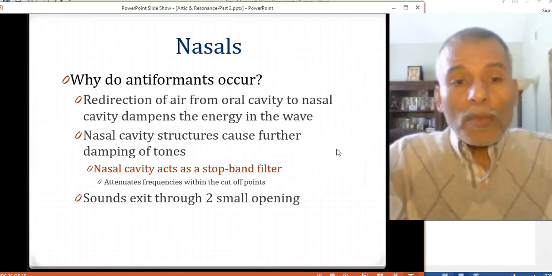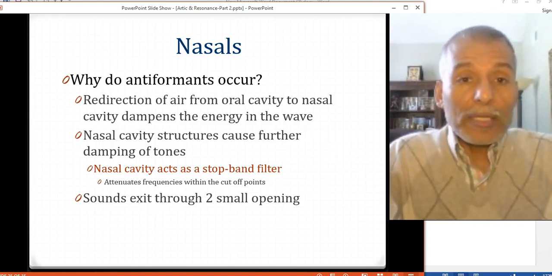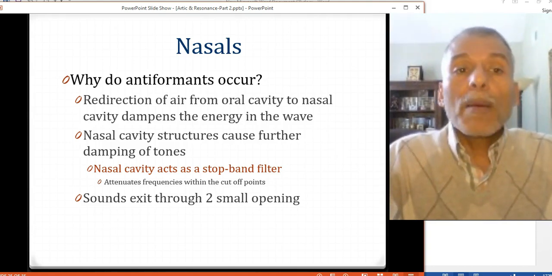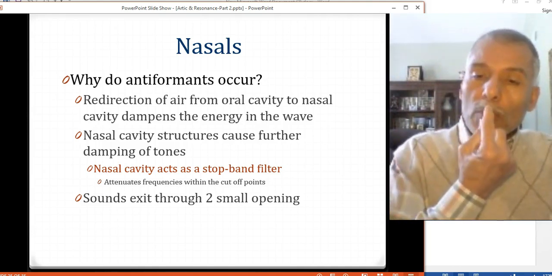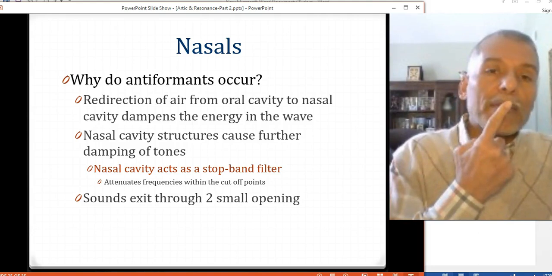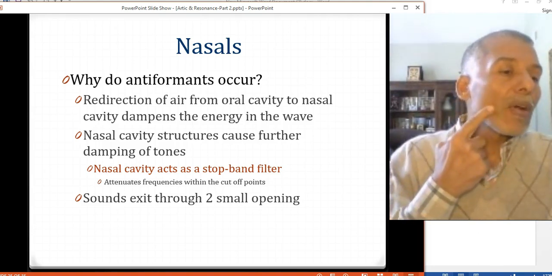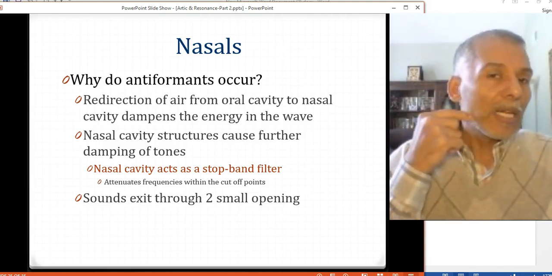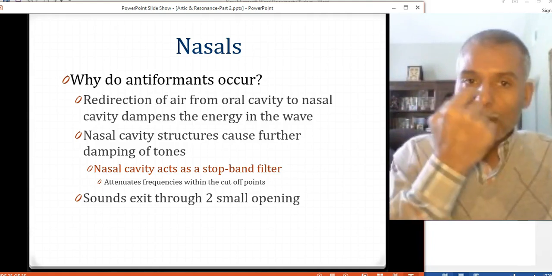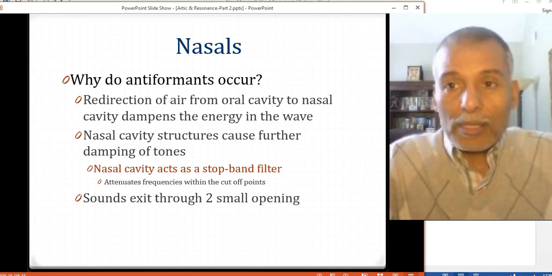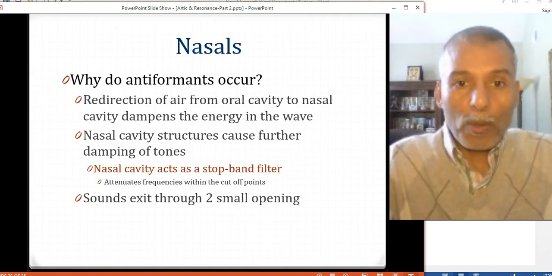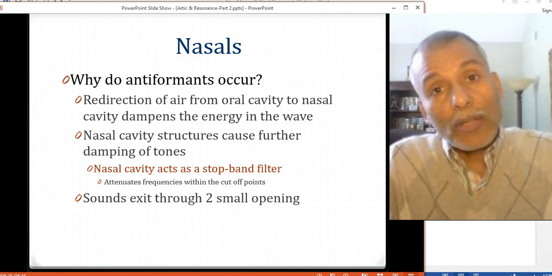So, why do the nasal antiformants occur? Number one, the obstruction along the oral cavity makes the air reroute through the nasal cavity, and that makes the journey longer. Number one, and that makes the energy decrease.